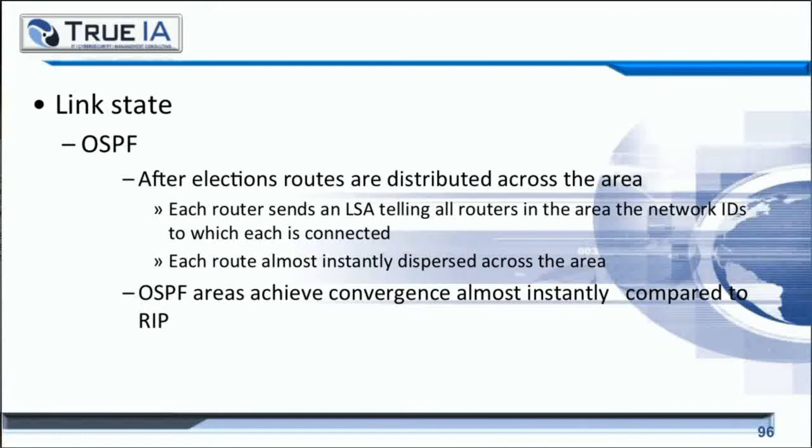After the election, the routes are distributed across the area. Each router sends an LSA telling other routers in the area and the network IDs as to who won. OSPF areas achieve convergence almost instantly compared to RIP distance vector routing protocols.